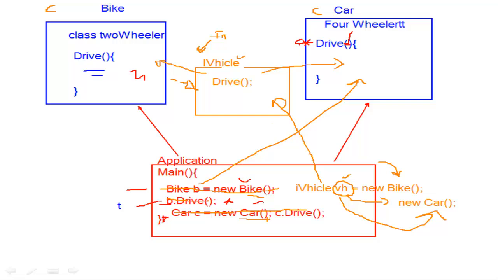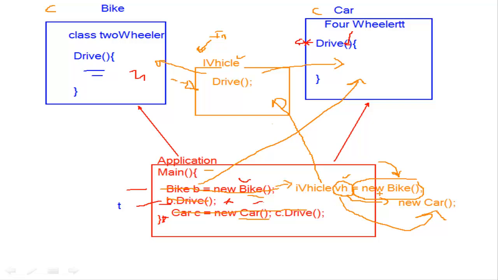However, there is a problem. What is the problem? That vehicle is getting initialized inside your class. Even though I have written it outside, it is getting initialized inside your class. What does that mean? Even though I say that I don't bother about which vehicle is given to me, when I come to this point, I know which is my vehicle.